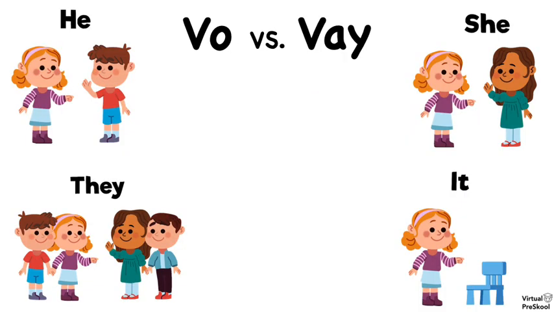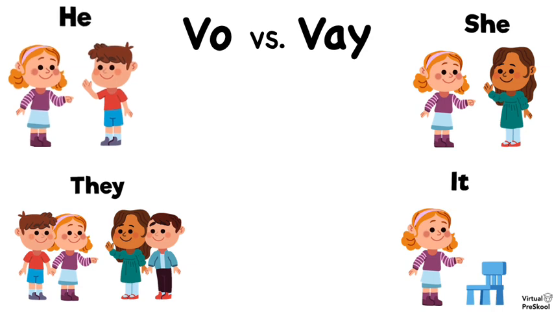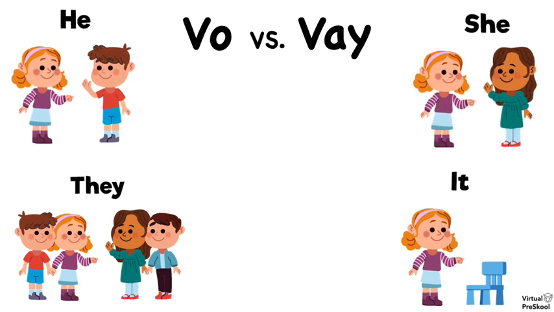I want to take a moment to talk about 2 words that we used in today's video so far. Vo and ve. You actually haven't heard the word ve, but I'm going to explain what this is. These words actually mean he, she, they, and it.